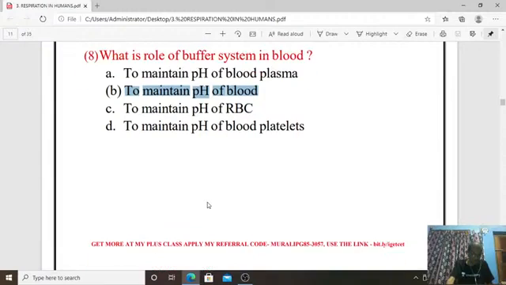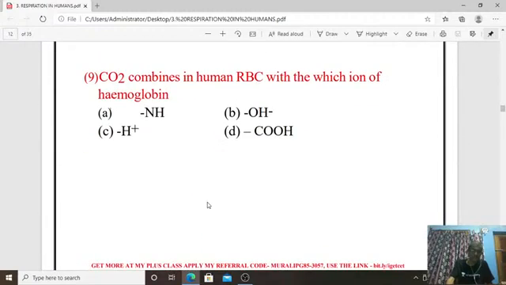Next question number 9. Carbon dioxide combines in human RBC with which ion of hemoglobin? If you take a hemoglobin chain, there are 2 alpha chains and 2 beta chains.